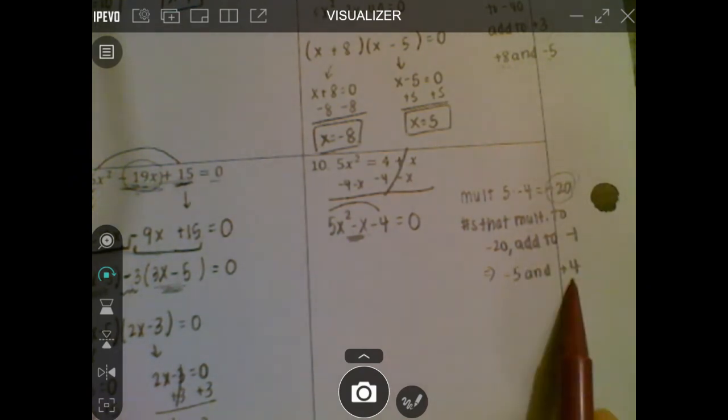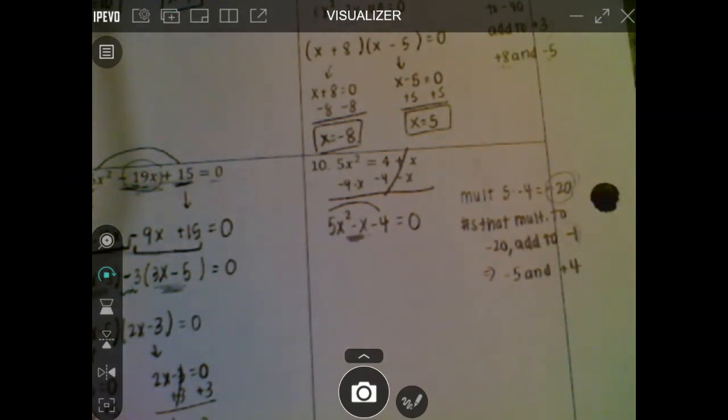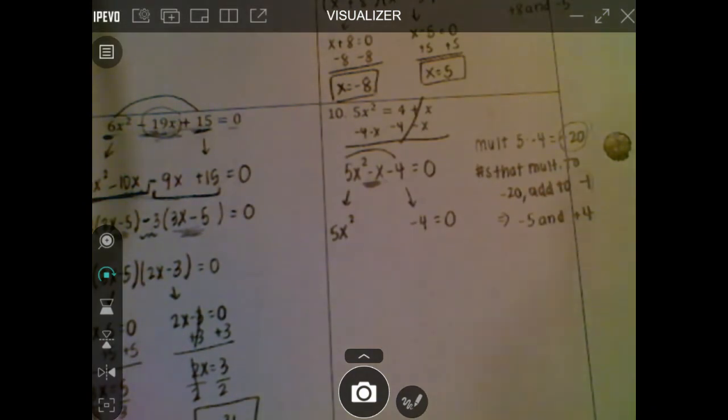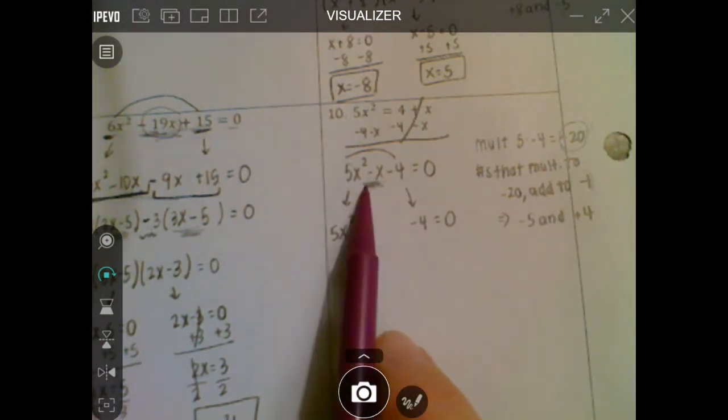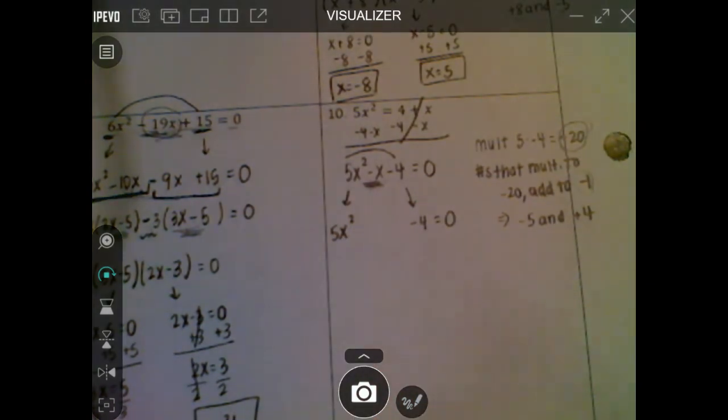But if I add negative 5 and positive 4, that's going to give me the negative 1. So again, the process here is to bring down the first term, the 5x squared, bring down the last term, the minus 4, bring down the equals to 0, and then I'm going to use these two numbers to just split up this middle term x.